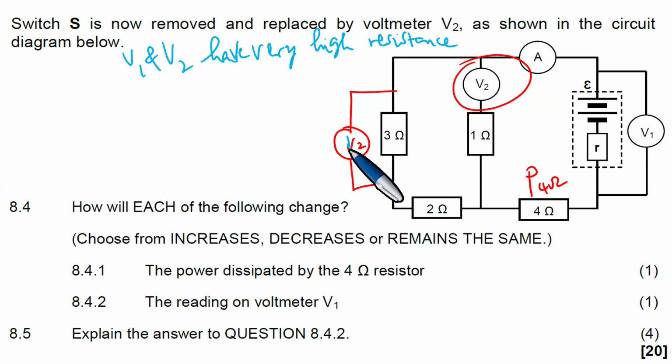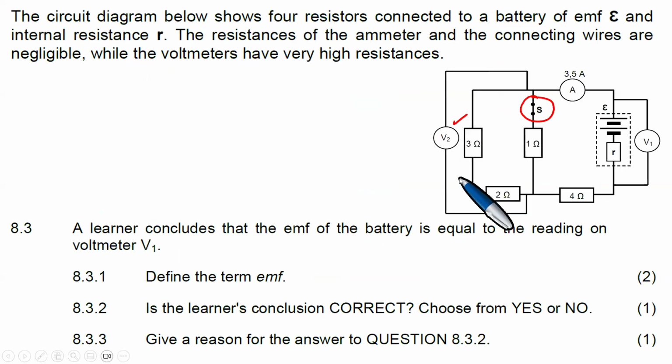This was the information that they gave us: the resistances of the ammeter and the connecting wires are negligible, while the voltmeters have very high resistances.